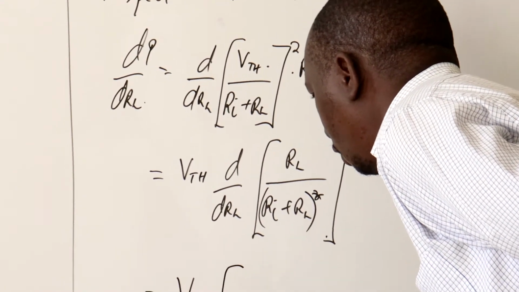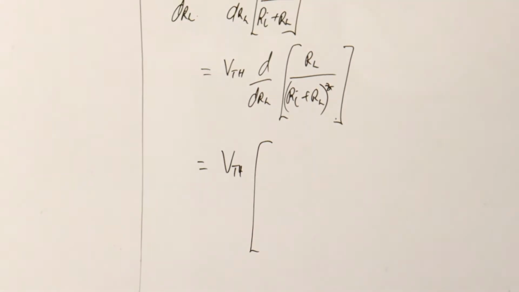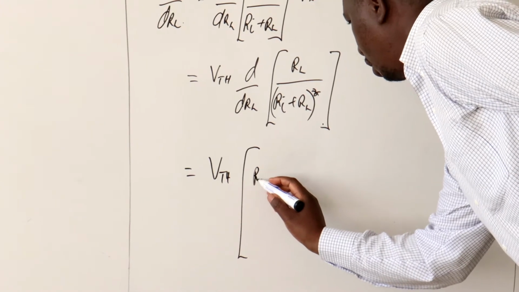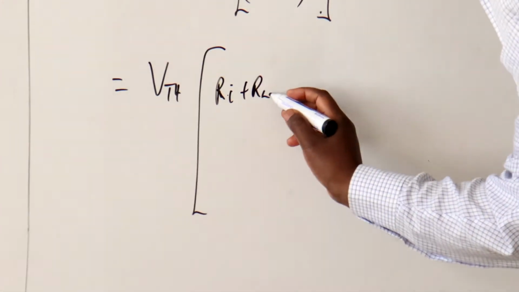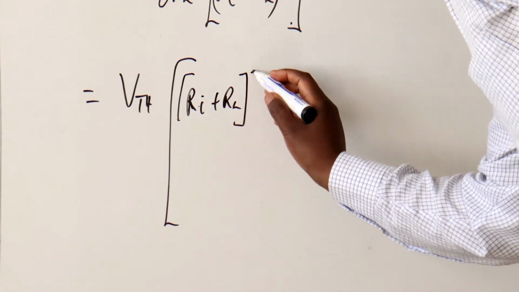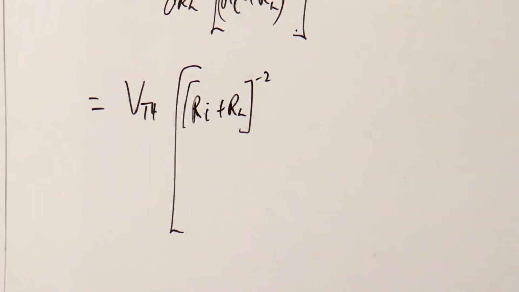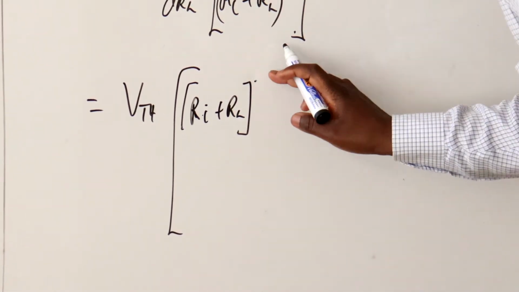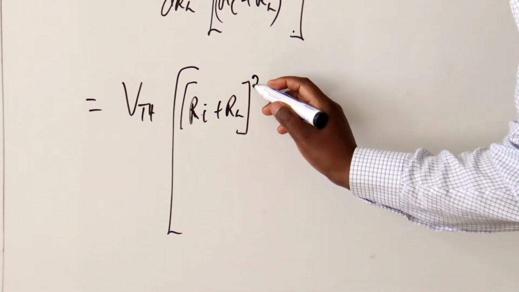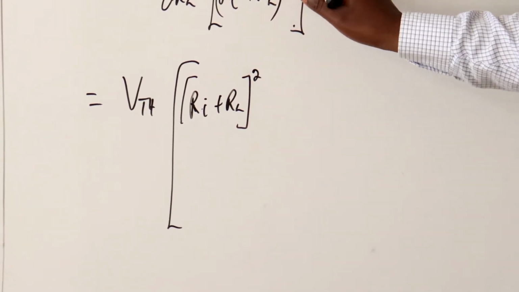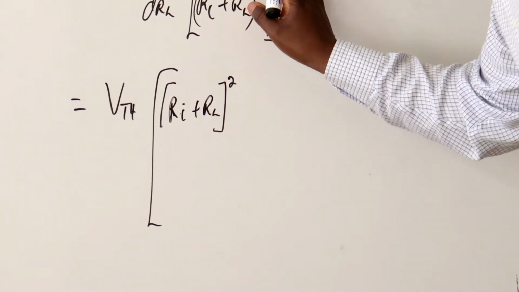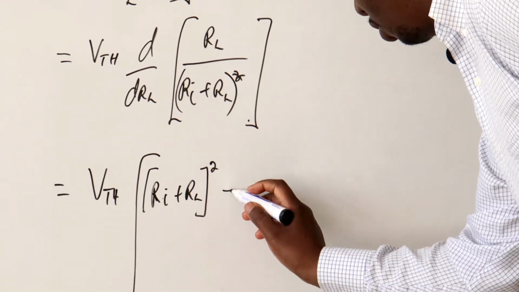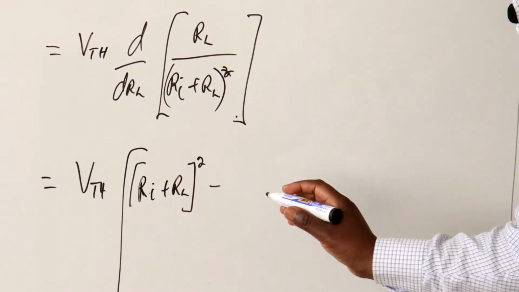That gives us VTH into RI plus RL, to the power of minus 2. We hold this, then differentiate RL, which gives 1. We are holding the denominator and differentiating the numerator. Differentiating RL with respect to dRL gives 1, multiplied by that, minus 2.